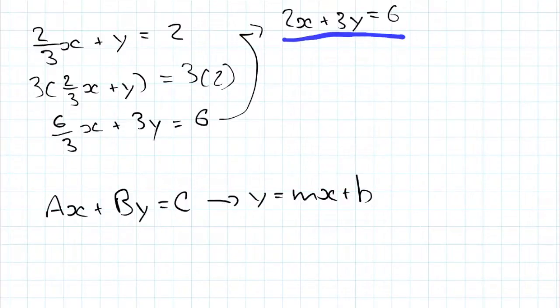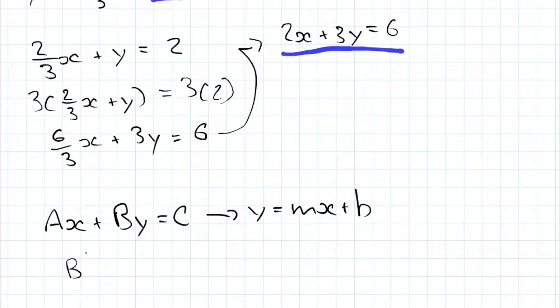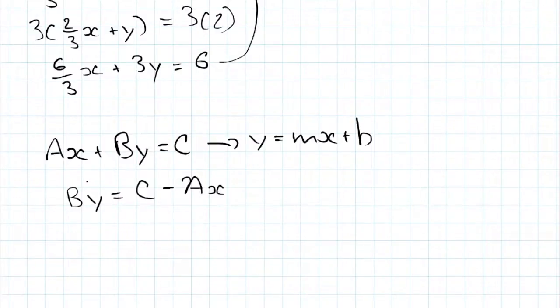So you can say that by is equal to c minus ax, and if we divide the whole thing by b, which is y is equal to c minus ax over b, we get basically y is equal to mx plus b. But you cannot really tell that right now because it's out of order.